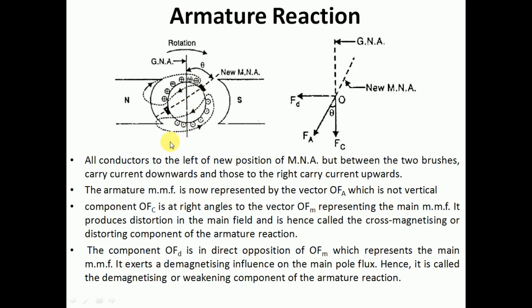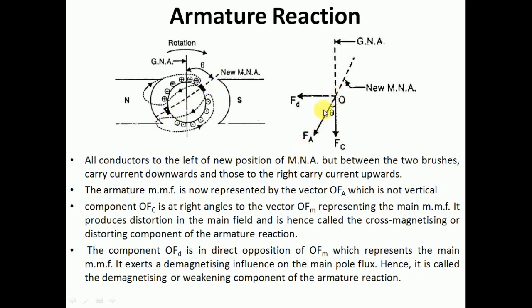Now let's see the effect of armature flux in this new position of magnetic neutral axis. Now we are considering the effect of armature flux alone. The armature flux lines seem to be crowded in this region, so we can consider this as the armature MMF direction, which is represented here. The direction of armature MMF will definitely be towards this direction, which is represented as a vector here, OFA.